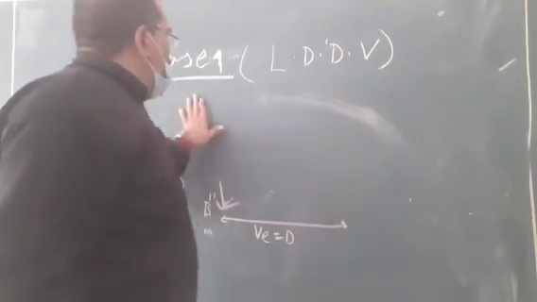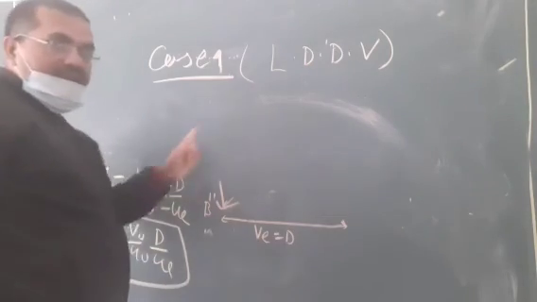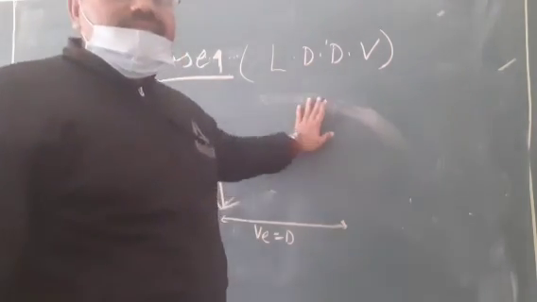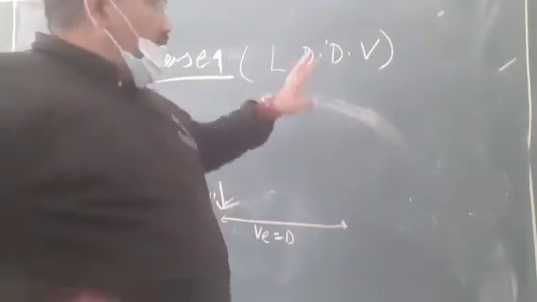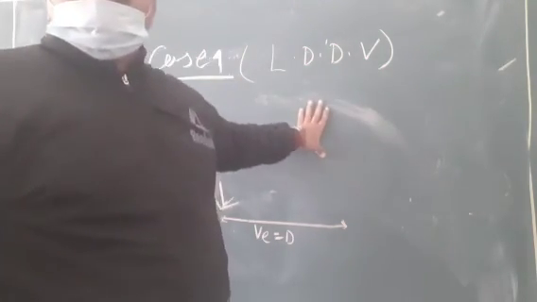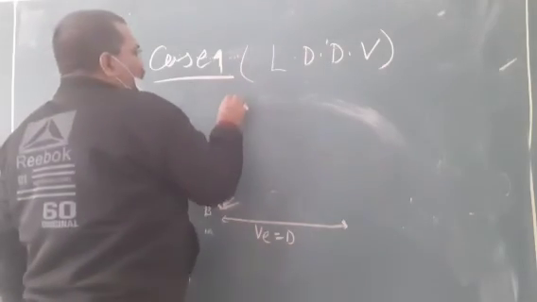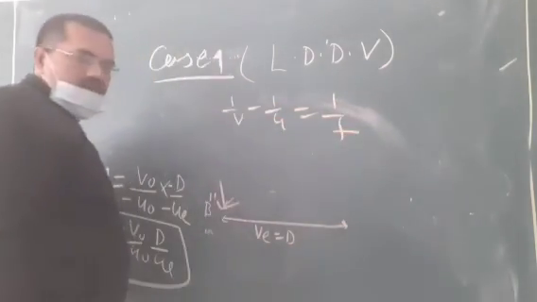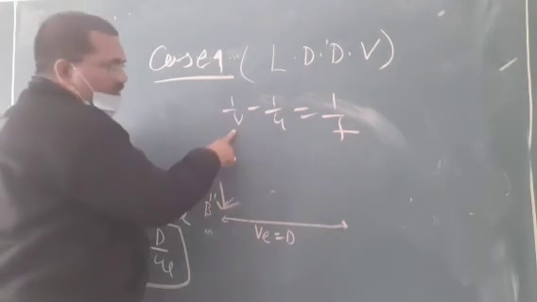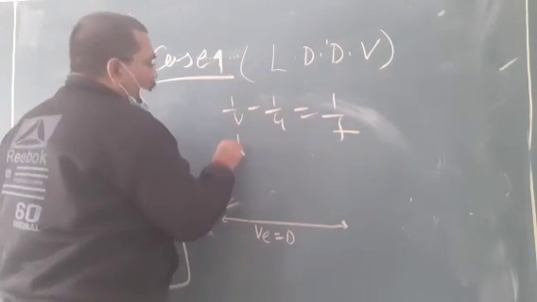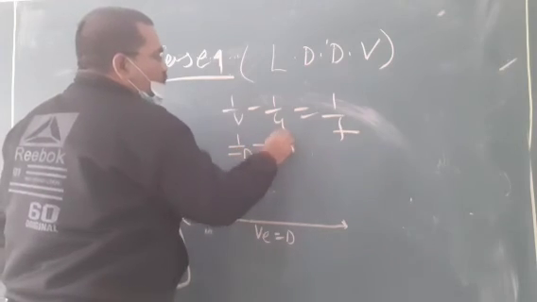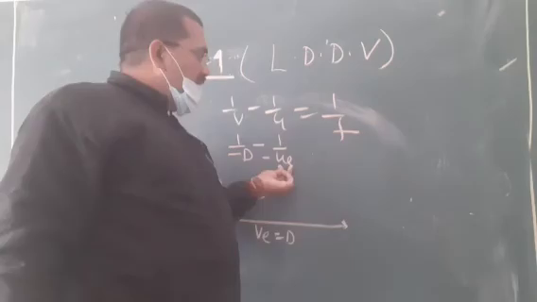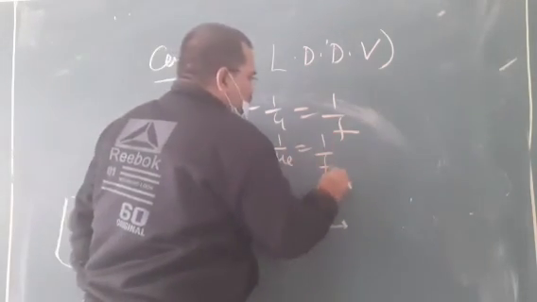Okay. So case 1, applying the lens formula in the eyepiece: 1 by V minus 1 by U equal to 1 by F. So 1 by, least distance minus D, minus UE. U is the position of object from the eye lens, and focal length is positive.